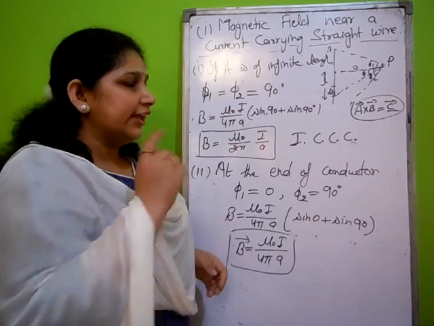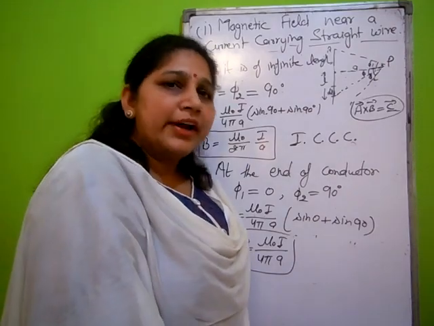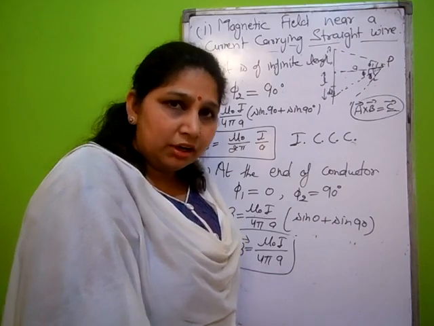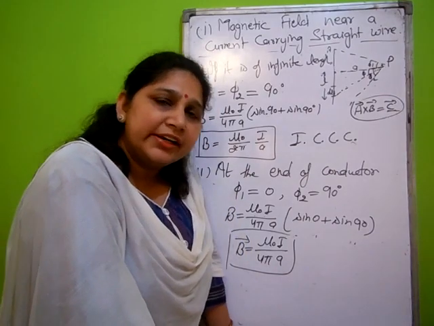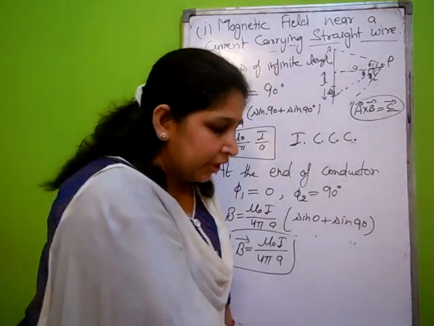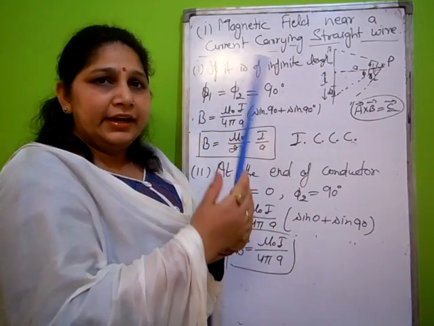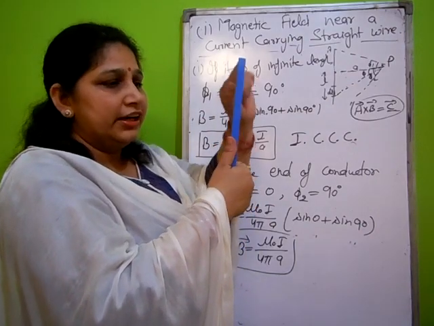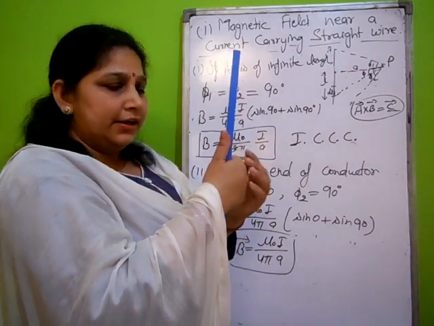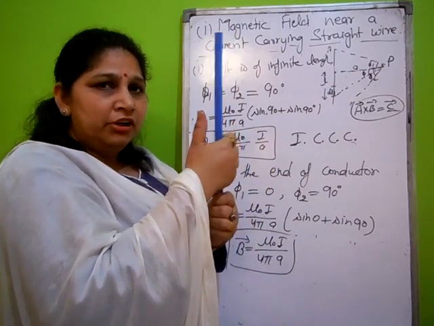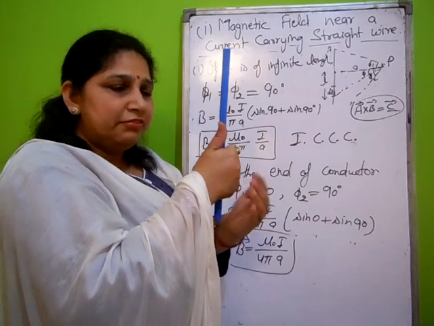Then we will check this direction according to the right hand thumb rule also. If we have a straight current carrying conductor, then we always take the direction of the magnetic field according to the right hand thumb rule. Suppose it's a current carrying conductor and I hold it in my right hand with the direction of current in the direction of the thumb. Then the magnetic field is in the direction of folding of the fingers.